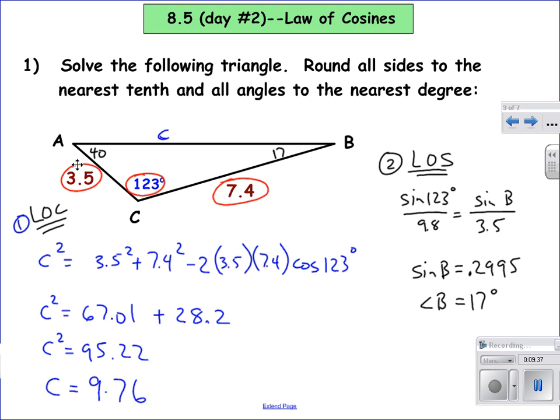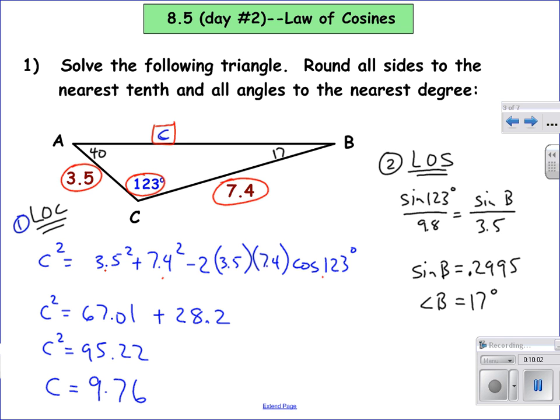So little c squared, the side squared, is equal to the other 2 sides, kind of like Pythagorean theorem. 3.5 squared plus 7.4 squared minus 2 times those sides again, 3.5 and 7.4, times the cosine of 123. Again, all the stuff on the right side is just math, right? I know the cosine of 123.